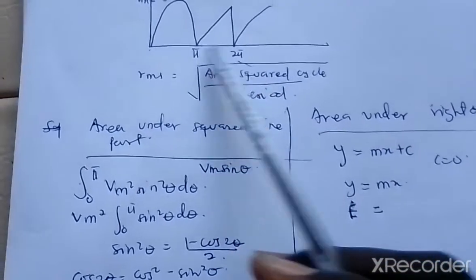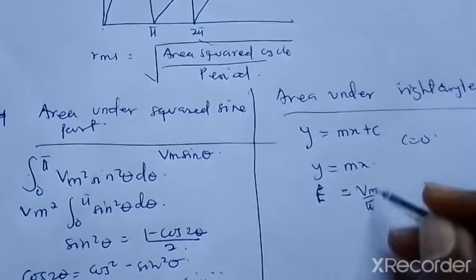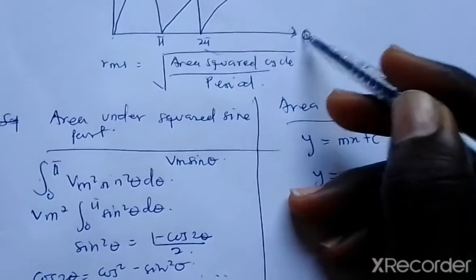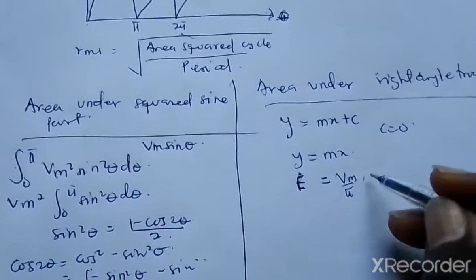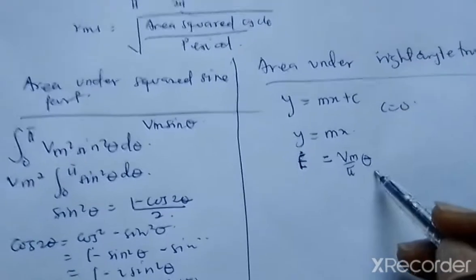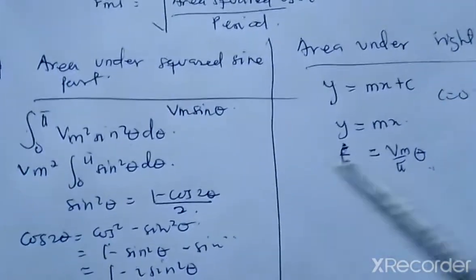This minus this, from here to here is pi. So I'll get Vm on pi, then my x is my theta here, so Vm over pi, then theta. So this is a cycle I'm going to use to do my integration.